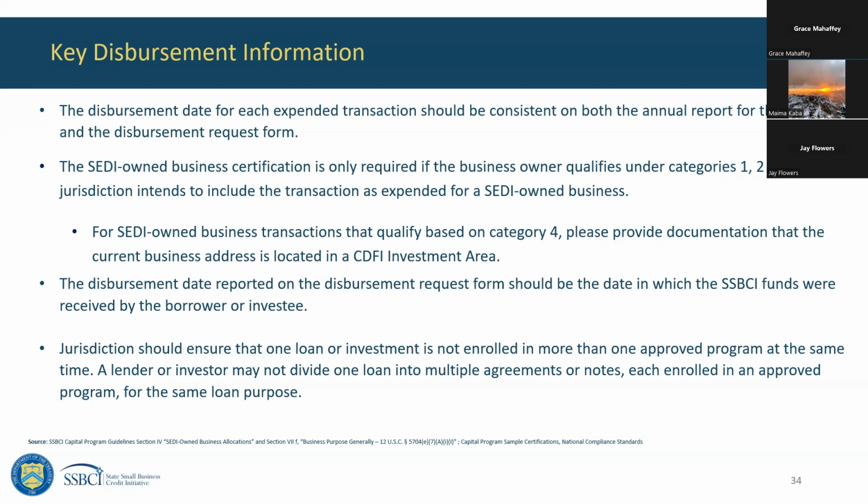Category 4, just make certain that you retain the information needed to support the designation of that category. And that is usually a screenshot of some sort to verify that the current business is located in the CDFI area. All right, that was a lot, but next slide, please.